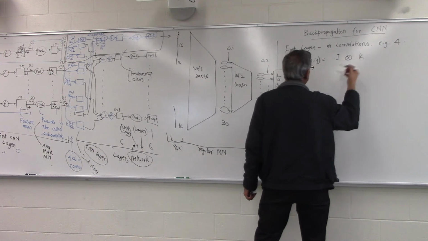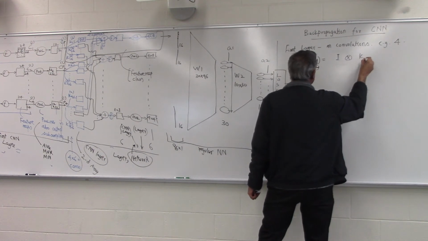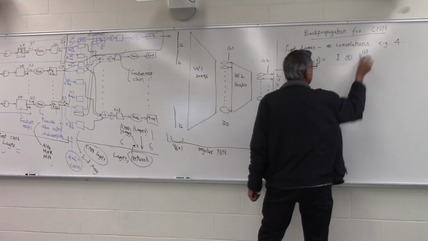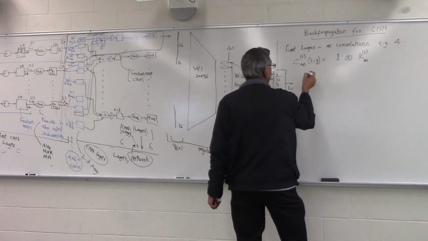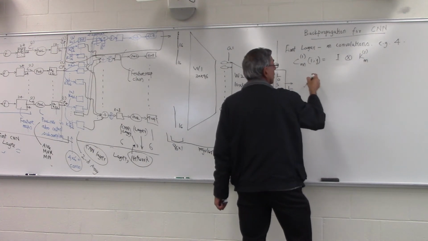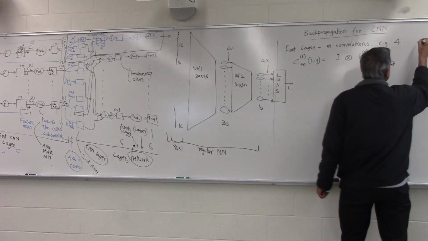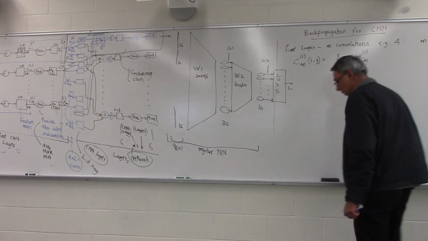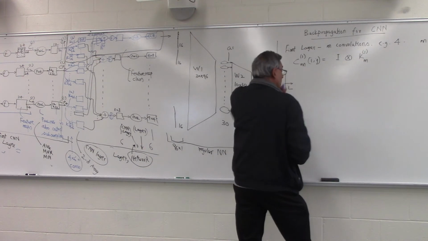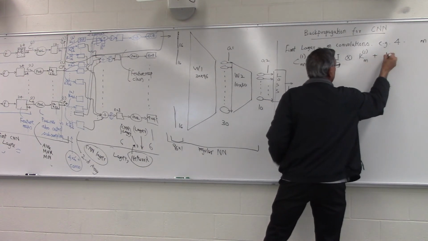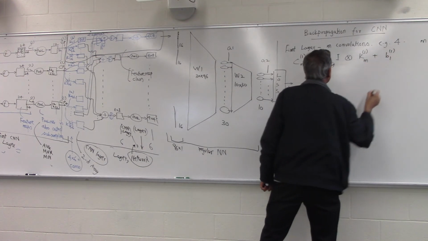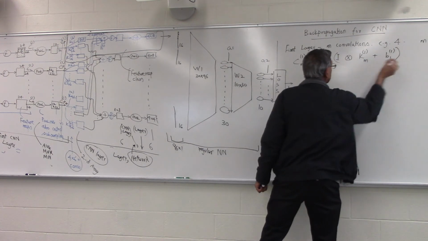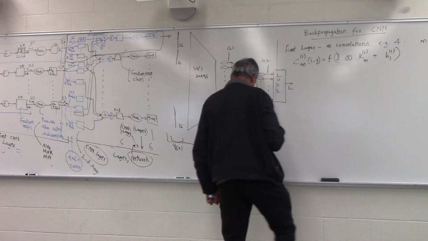The kernel would be, let's say, km of 1, where m varies 1 to 4. Further we add a bias, b1 of 1, and then we pass it through an activation function.